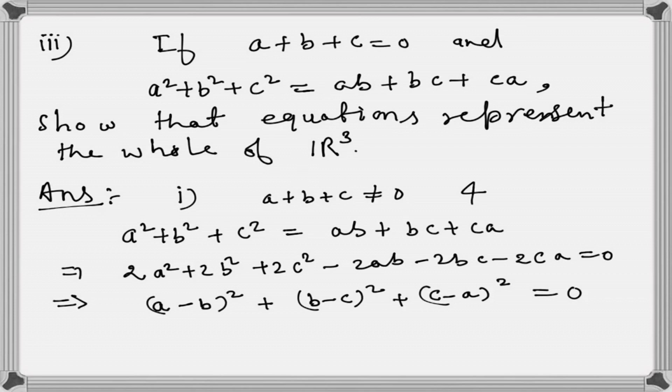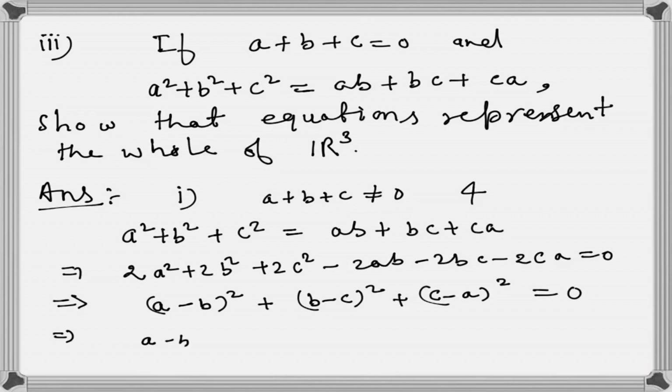This is the sum of three non-negative numbers, and the sum is 0, so each individual term has to be 0.